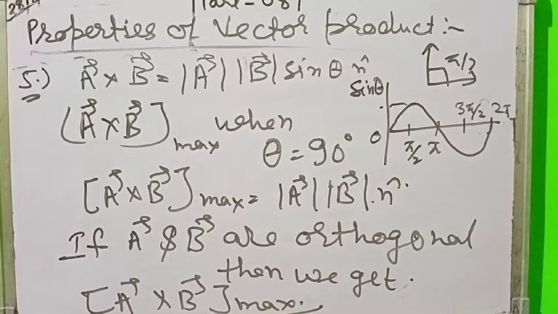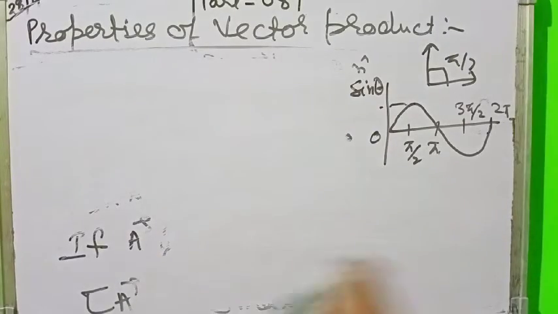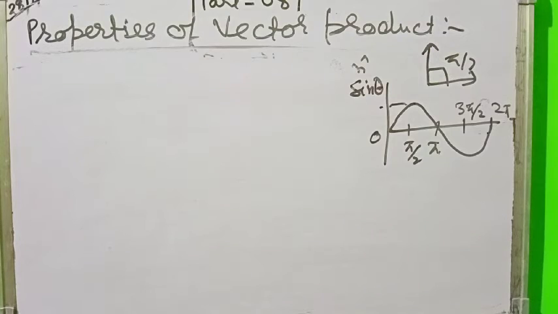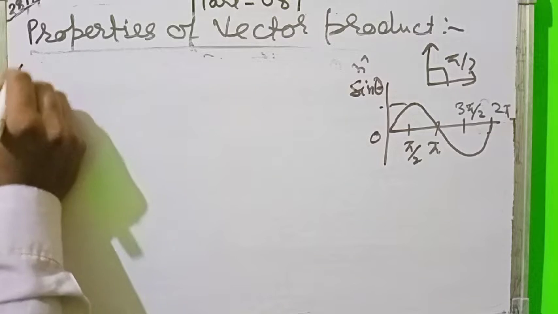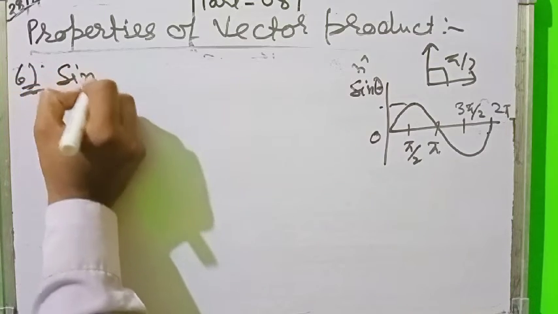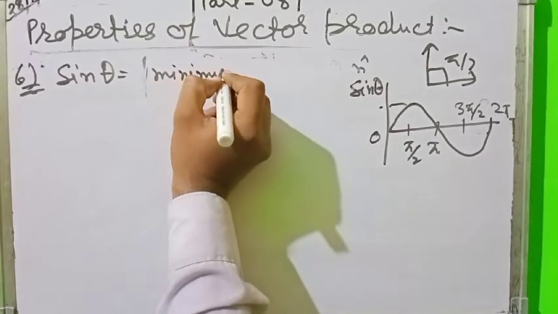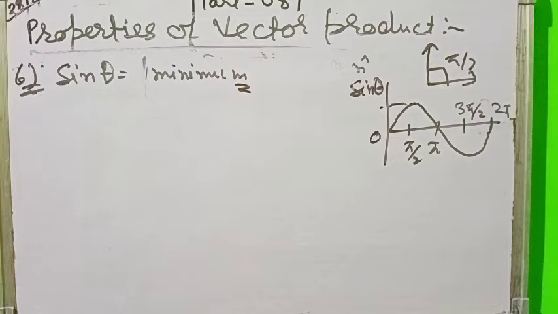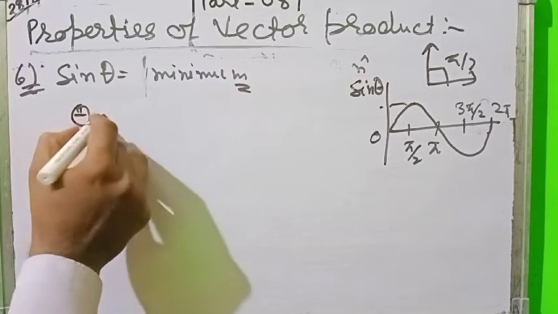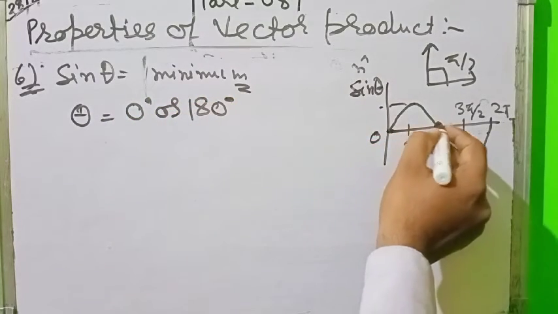Next point, minimum. The minimum value is when sin theta is equal to minimum, that is, theta is equal to 0 degrees or 180 degrees. Sin 0 degrees is 0, sin 180 degrees is 0.